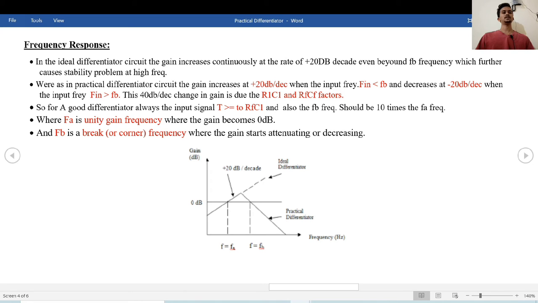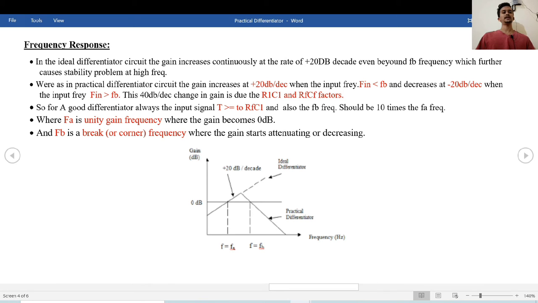The frequency response of the ideal differentiator circuit is such that the gain increases continuously at a rate of plus 20 dB per decade, as you can see here. It increases continuously beyond the FB frequency, which further causes a stability problem at higher frequencies.